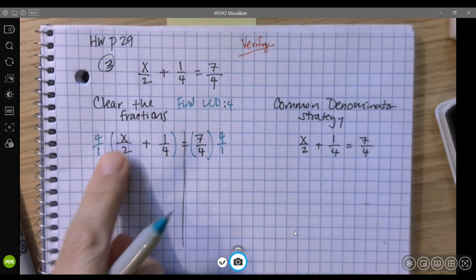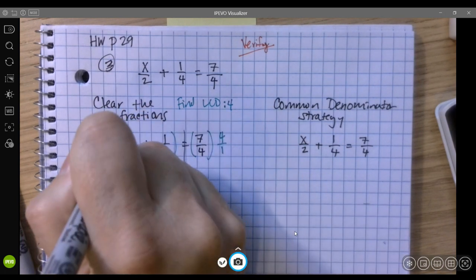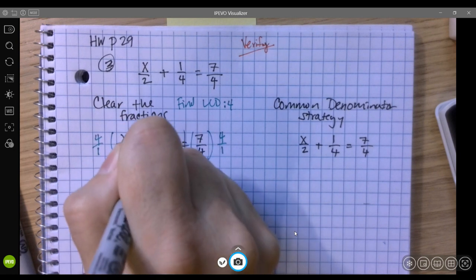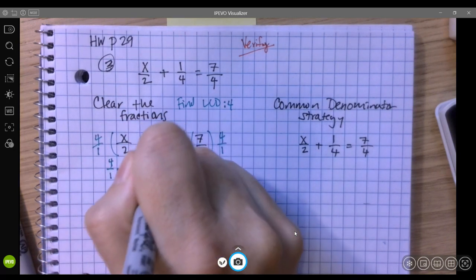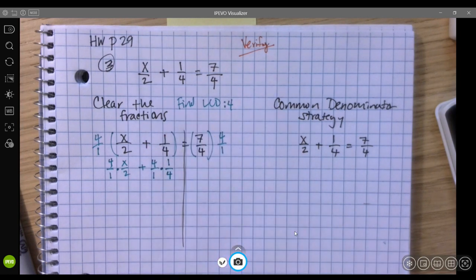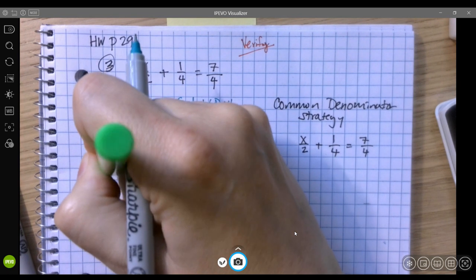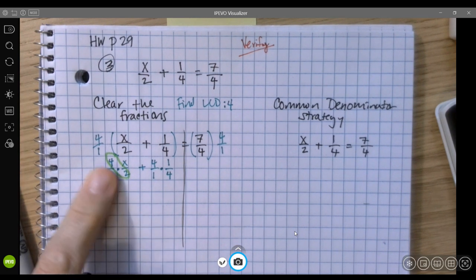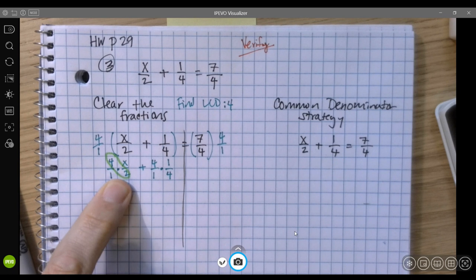So 4/1 times x/2, and then 4/1 times 1/4. You can, if you want to, look and notice that the 4 in the numerator and the 2 in the denominator reduces down. 4/2 is the same thing as 2/1. You could reduce it here if you wanted to.